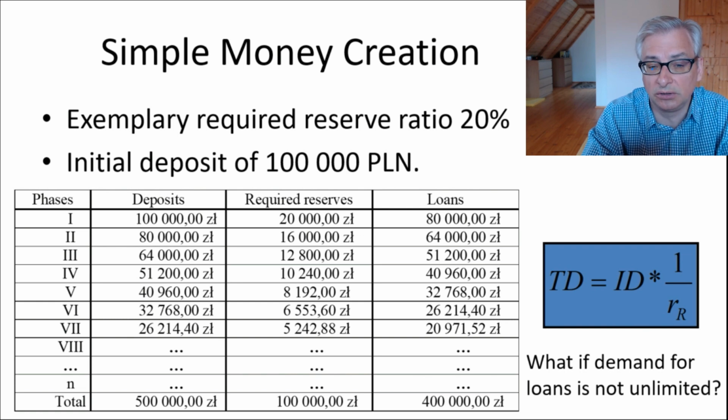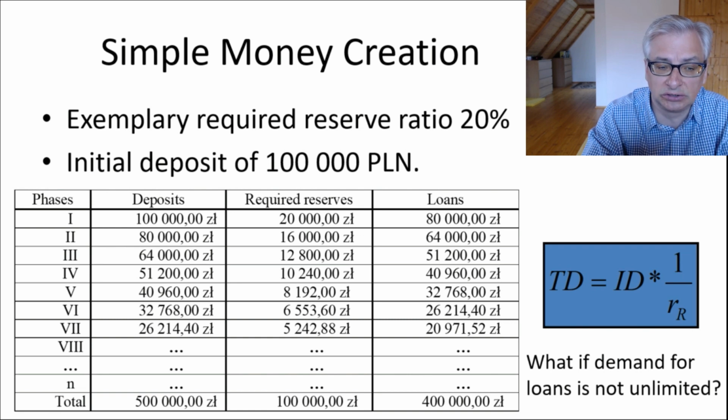Now it all seems very simple. Required reserves are 5 times smaller than deposits. So if the required reserves are 100,000, then deposits would be 500,000. Deposit minus required reserve is a loan, like 100,000 minus 20,000 is 80,000, phase 1.